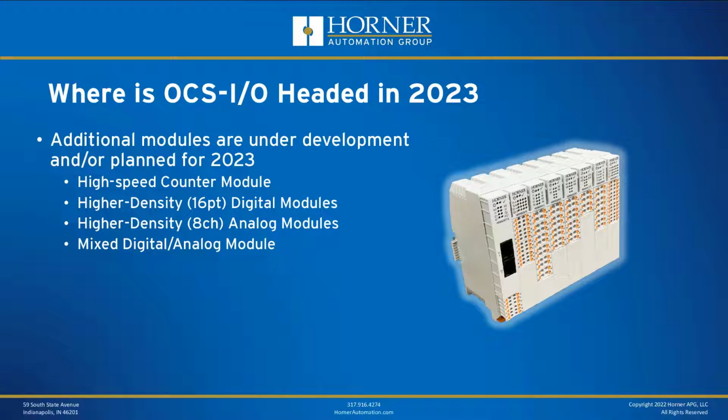And we've also had to attempt to be a little bit creative and patient in releasing an Ethernet base for OCS-IO. So we don't have a definitive date yet for an Ethernet base for OCS-IO. Just know that we are hoping to have that available in the not too distant future, but don't expect it anytime in the next few months for sure.